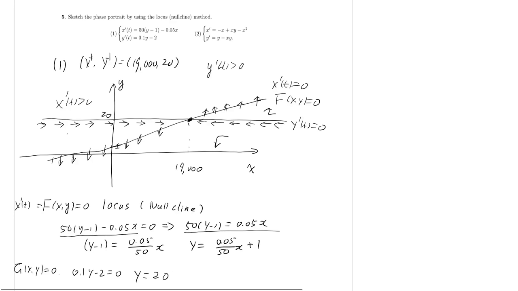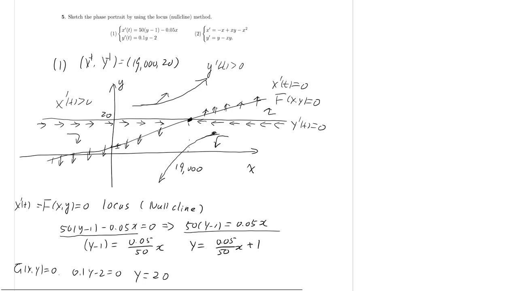And this region, right and down. And this region, right and up. So imagine you have an initial value, say over here. Then if you follow this trend, it's going to look like this. It's going to go down like this. Okay. And if it's over here, then you have something like this.